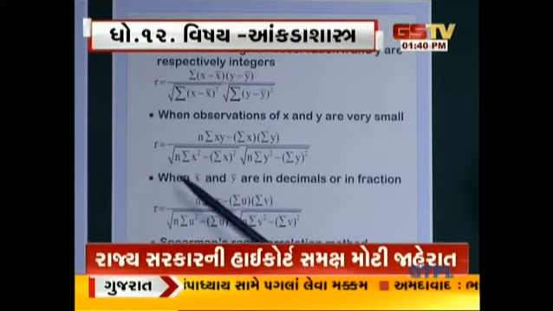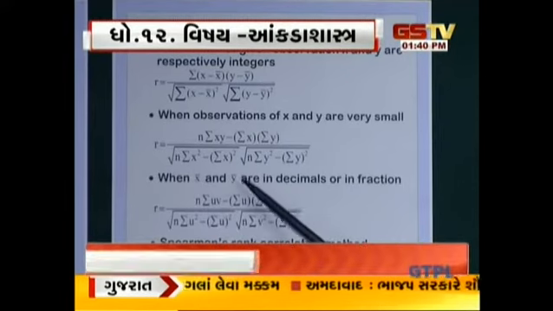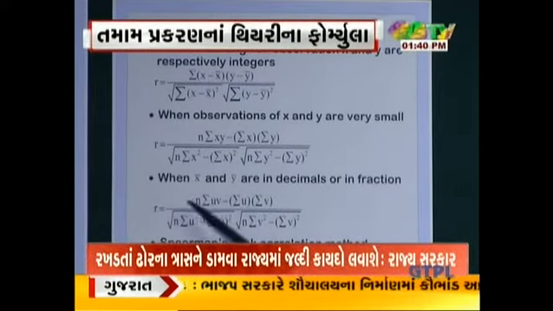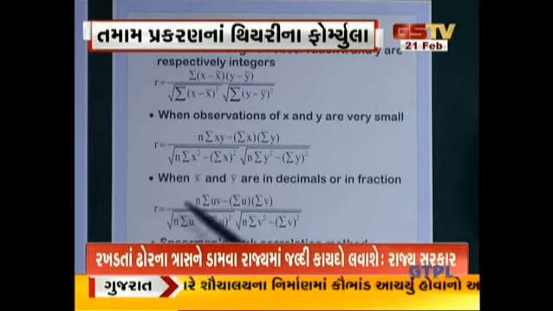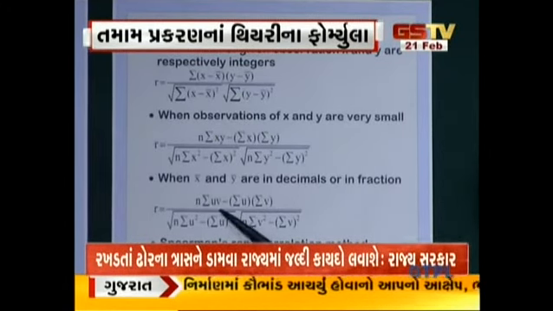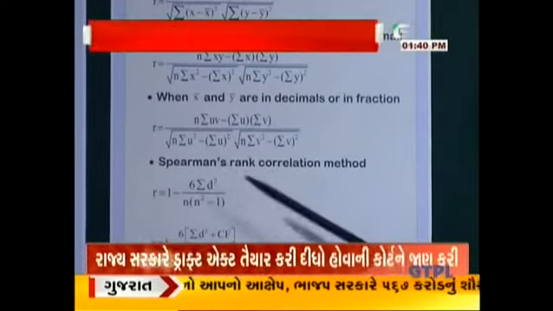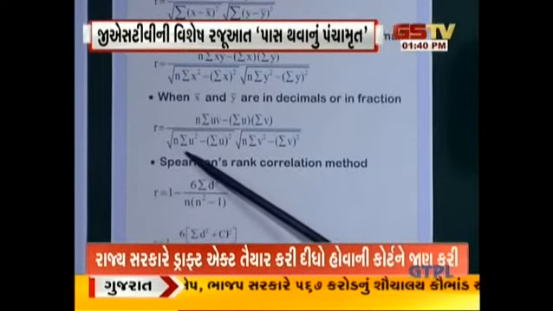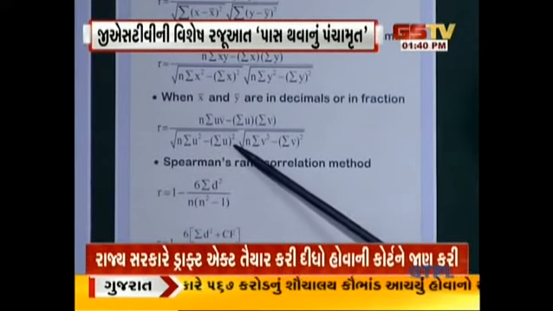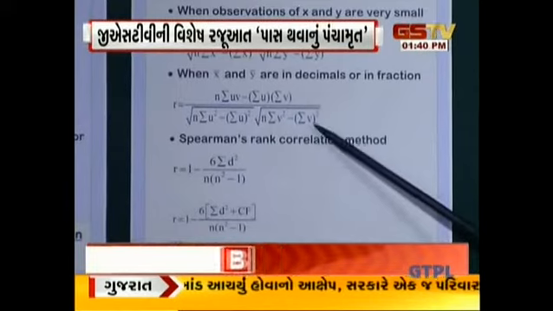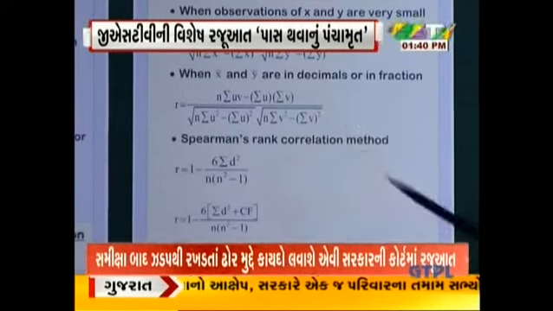Next, when the values of x bar and y bar are in decimal or fraction, then we have to apply a formula. R is equal to n sigma uv minus sigma u into sigma v, whole upon root of n sigma u square minus (sigma u) whole square into root of n sigma v square minus (sigma v) whole square.